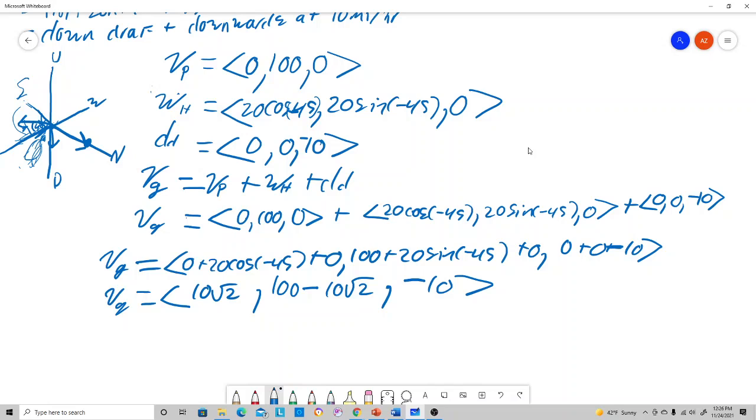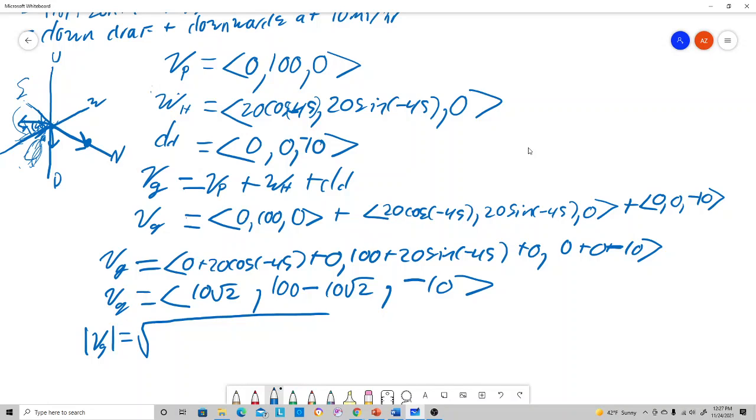But I'm asking, okay, what's the actual velocity? So to denote that, we just put absolute value signs, and this is the magnitude of this vector. So the way we compute it, we take the square root of, it's pretty much the Pythagorean theorem, because that's what magnitude is.